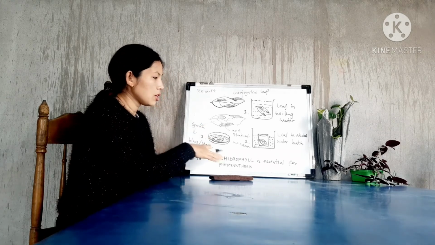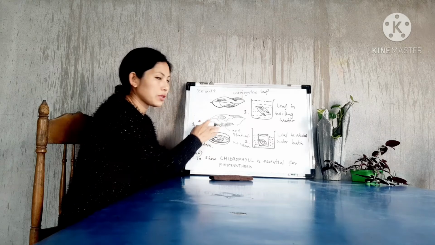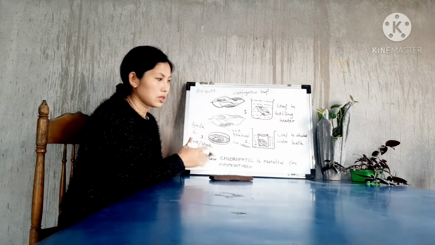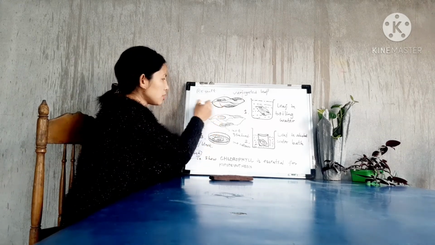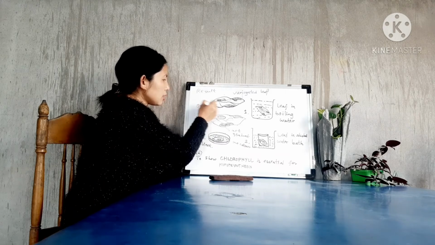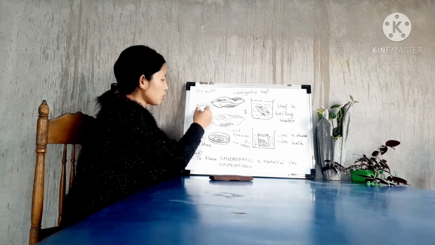So in this way, we can confirm that chlorophyll is essential for photosynthesis, as the green part contains the chlorophyll.